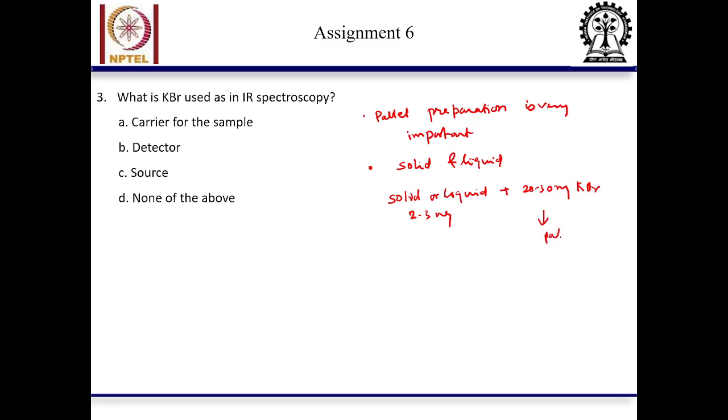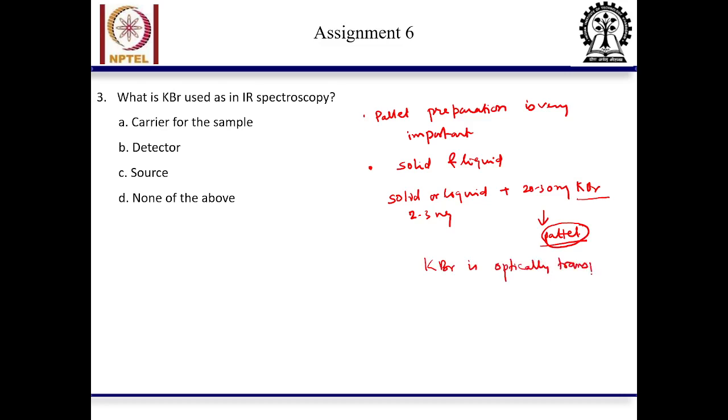This pellet we keep in the sample holder. Now why do we use KBr? Because KBr is optically transparent.